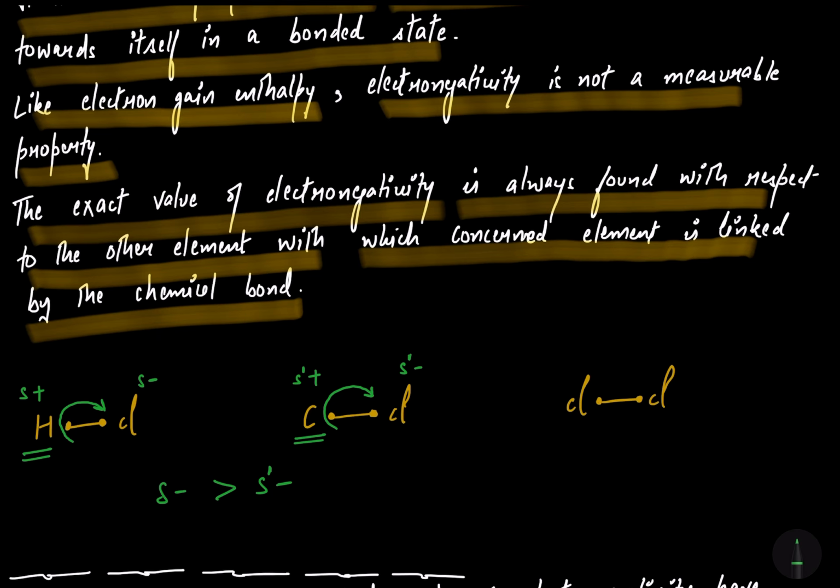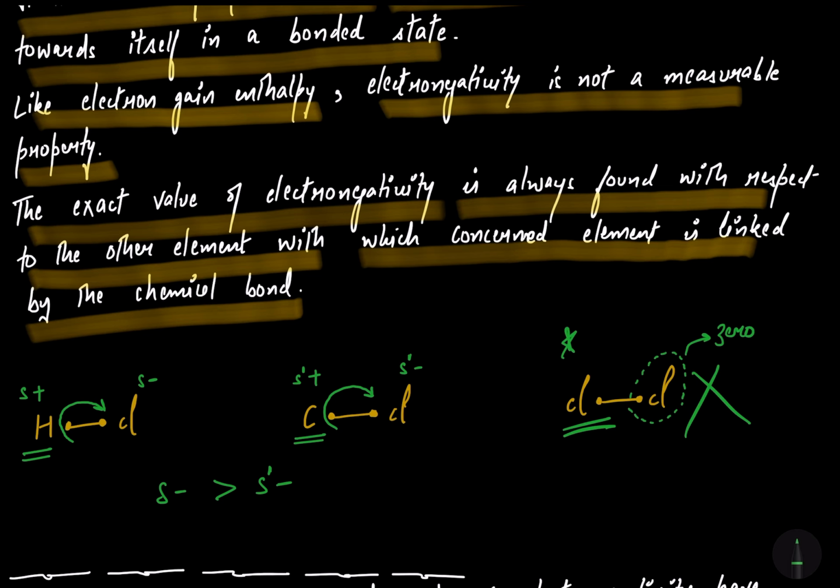Now let's talk about chlorine bonded to chlorine, the third case. In the case of chlorine bonded to chlorine, the electronegativity of both chlorines is equal, so here the charge separation will not take place. So the electronegativity of this chlorine with respect to the other chlorine will come out to be 0, because it's equal.